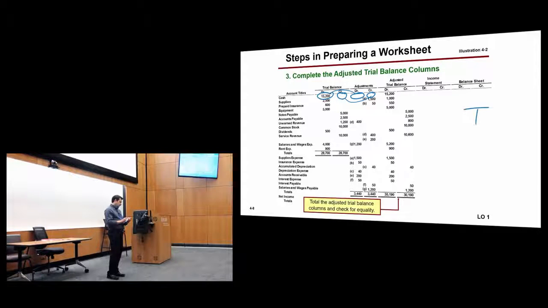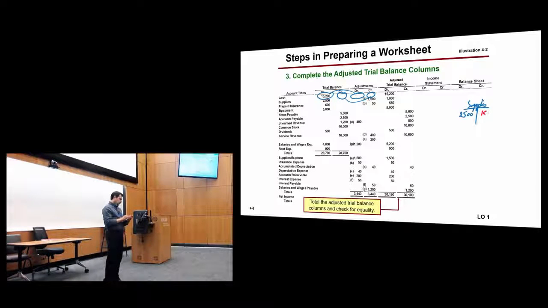So in this case, if you want a T account, you have cash, and nothing happened to cash. Let's do supplies. What was the trial balance? 2,500. Debit or credit? Debit. So it was a debit of 2,500. What was the adjustment? Credit, 1,500.